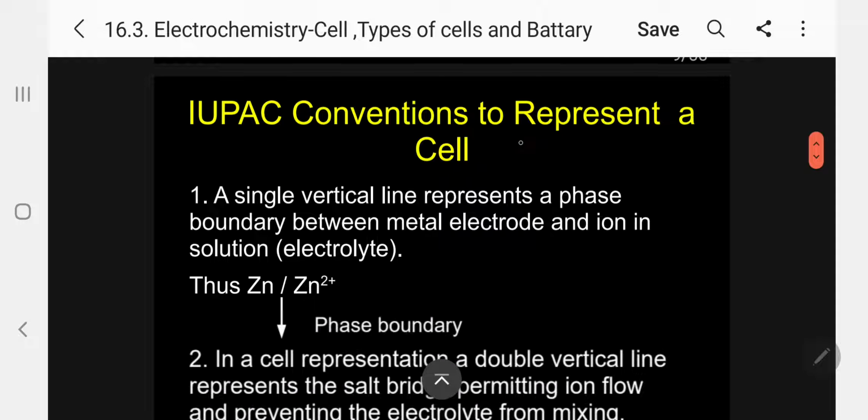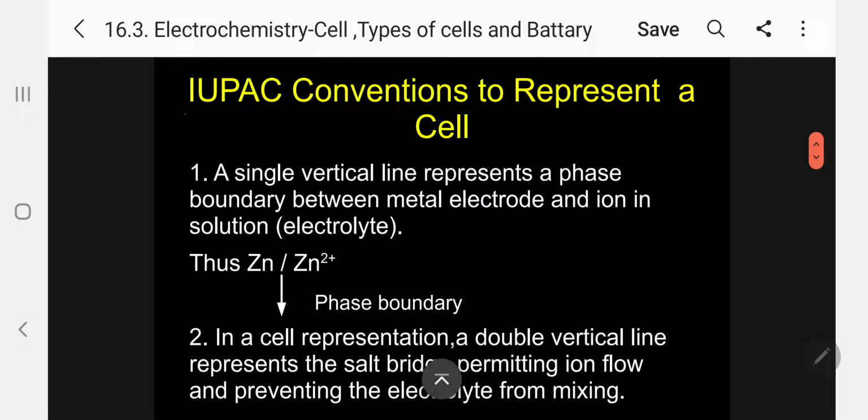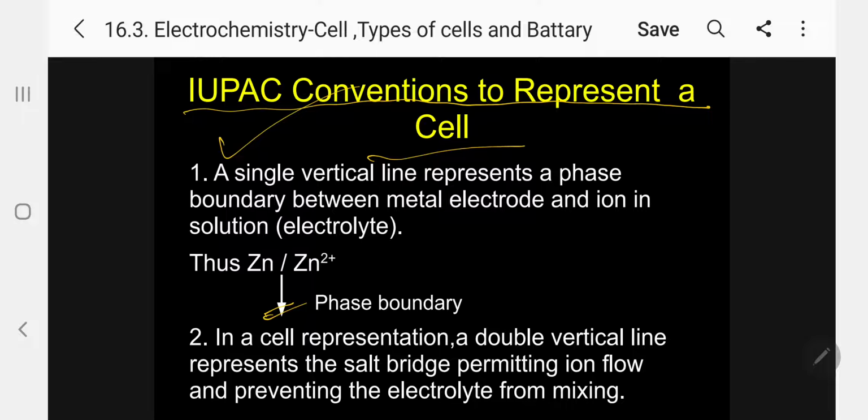Please follow. Now, the IUPAC convention to represent a cell. How to represent a cell? What is the IUPAC convention? A single vertical line represents a phase boundary between the metal electrode and the solution. So if you want to represent a single electrode, zinc bar, zinc 2 plus, this line indicates the phase boundary according to IUPAC.